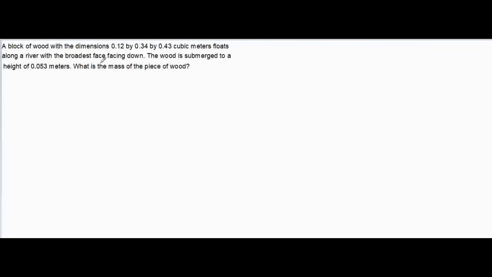So it says the broadest face down, so it's going to be the face with this side by this side. So firstly, we're going to have 0.34 multiplied by 0.43. And now we're trying to find a volume, so we're going to multiply it by the height that's underneath the river, and that's 0.053.